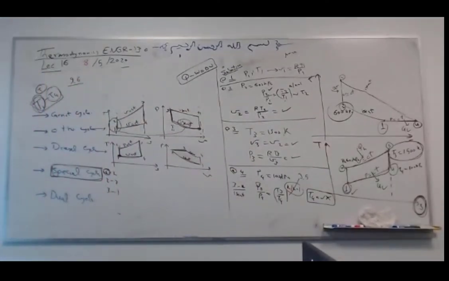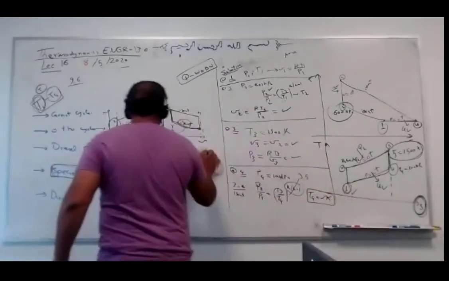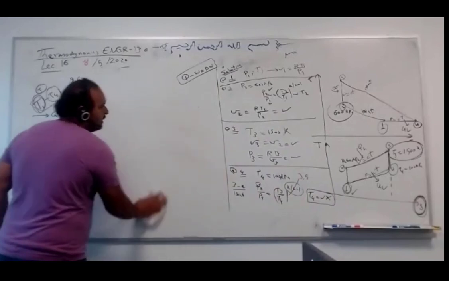What he wants is the PV diagram, TS diagram, and the work. Working it is easy. For the work, we need Q high and Q low. Look at Q high and Q low.